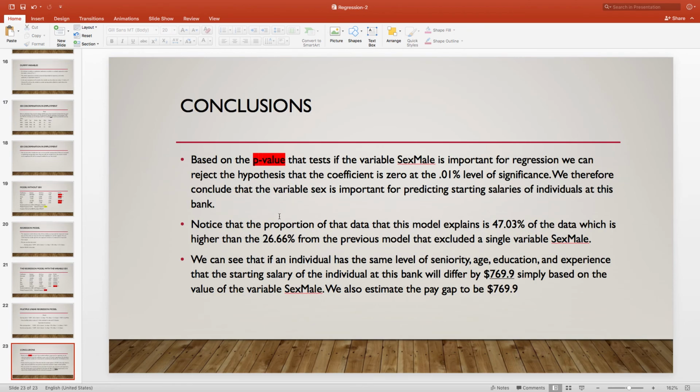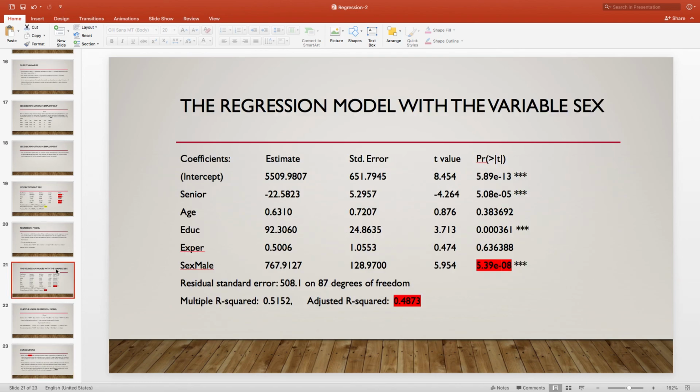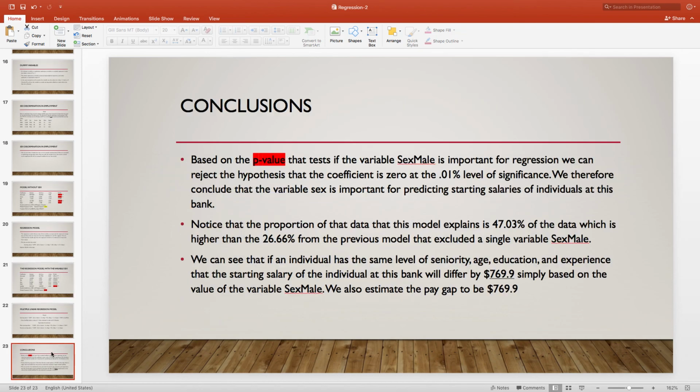Now, my conclusion here is that based on the p-value that tests if the variable of sex is important for regression, we can reject the hypothesis that the coefficient is 0 at virtually any level of significance. And if we want to be more precise, the level of significance would be 5 times 10 to the minus 8th, which is much less than 0.01%.